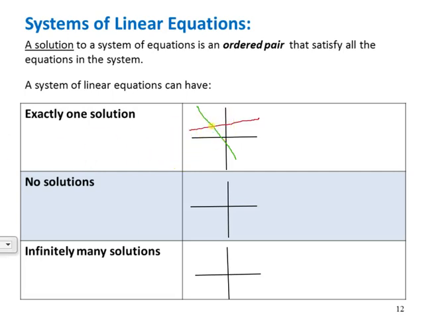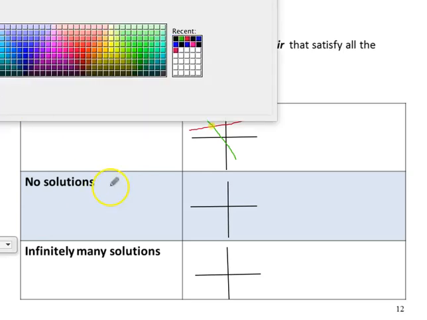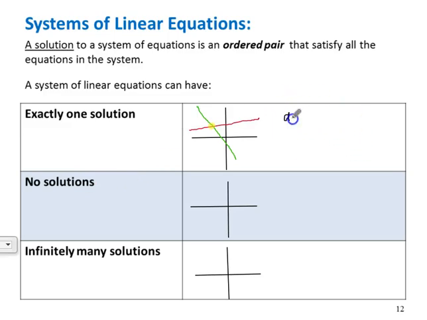We've got some clues that help us know when this will happen. This is going to happen when we've got different slopes and different y-intercepts. So when you have different slopes and different y-intercepts, we know we're going to have exactly one solution.